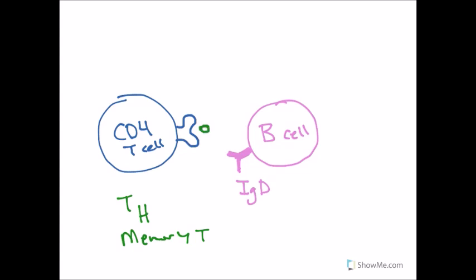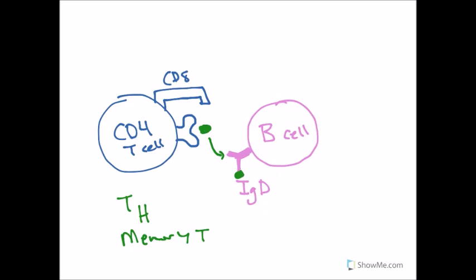My circle antigen, right? He's got the CD8 marker here, right? And what he's doing is he will take this and bind to the IgD, which acts as a receptor for my antigen.